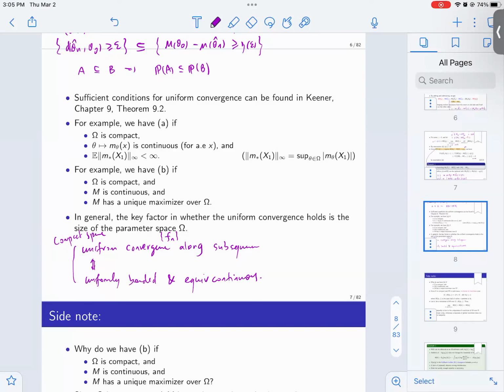So this is sort of like boundedness, but it's not exact boundedness.